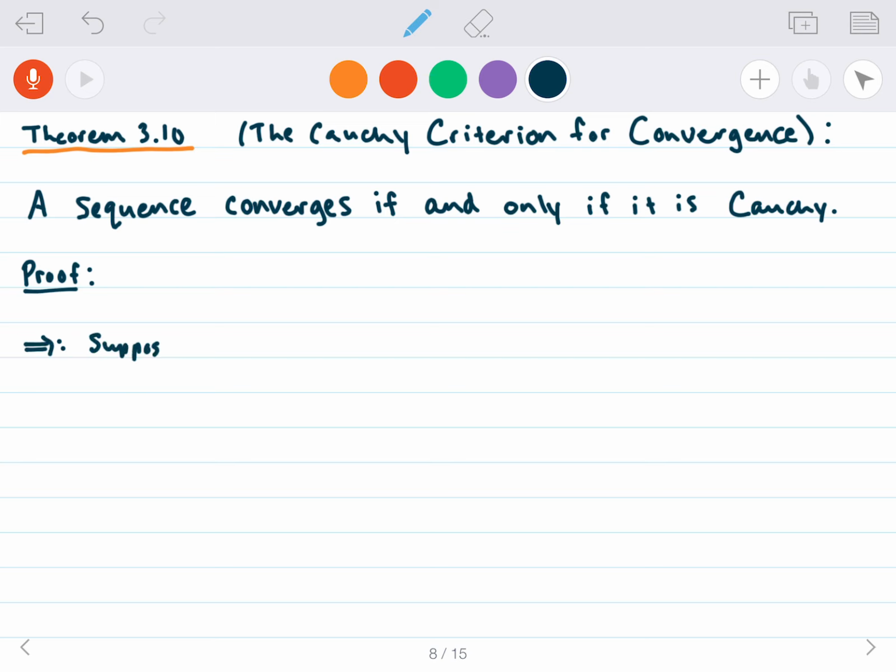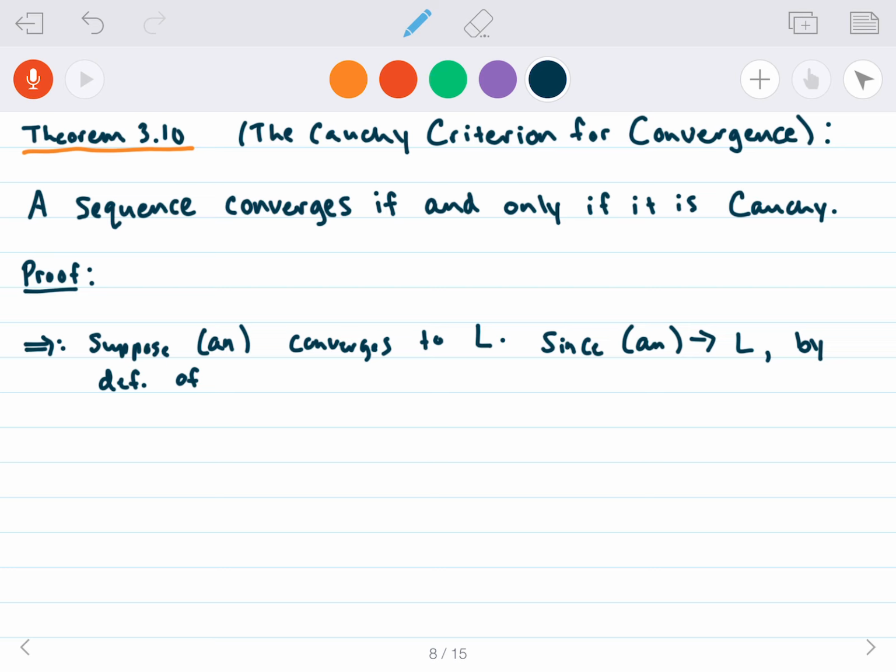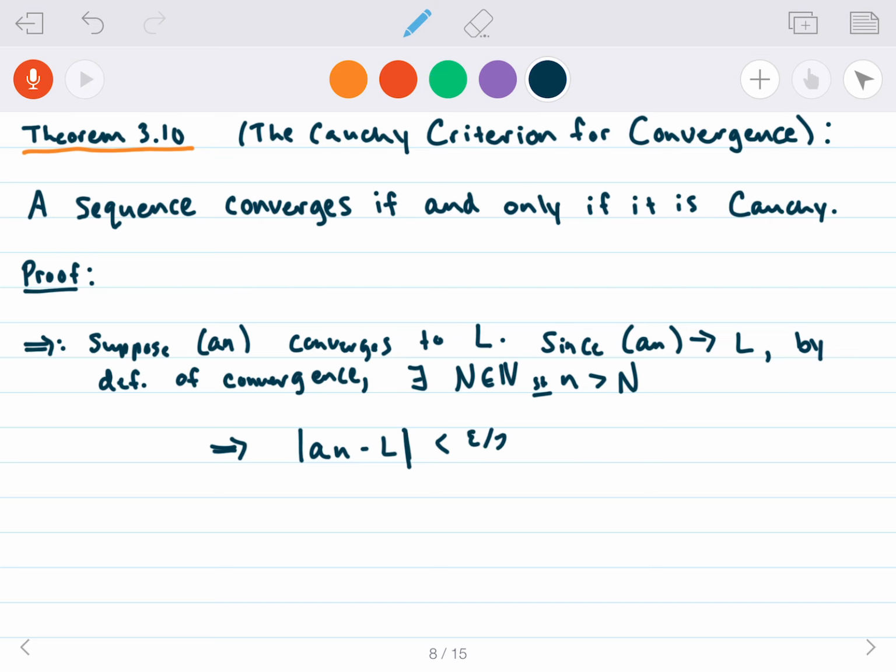So suppose your sequence a sub n converges to some limit L. Okay, and so since our sequence converges to L, by the definition of convergence from lecture 4, there exists some capital N in the natural numbers such that n bigger than capital N is going to imply that our terms in our sequence are getting close to L. And in this case, we can say that this is less than epsilon over 2.